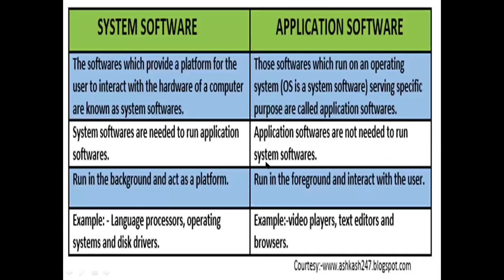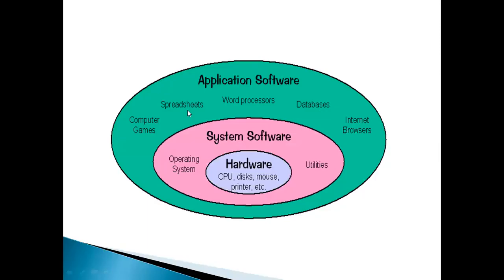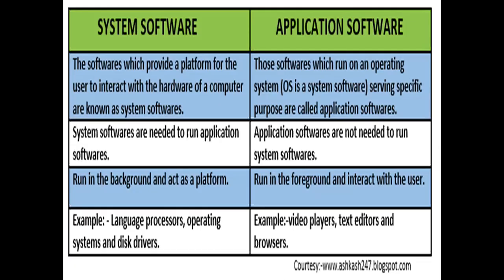This we have studied. Now what is the difference between system software and application software? We will just read out the points. Very first, system software provides a platform for the user to interact with the hardware of a computer. As you have seen in this diagram also, system software allows an interface between hardware and other applications.